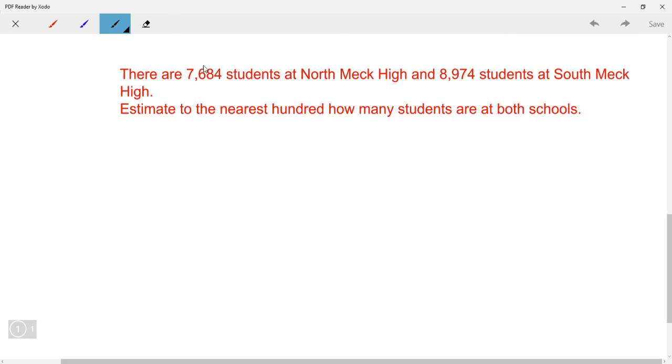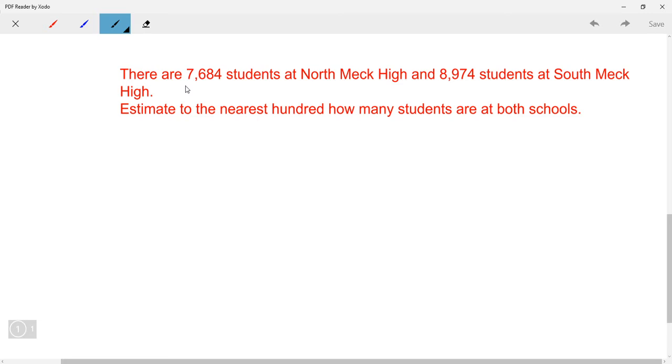Because if you do the math to get the exact answer, there's no reason to estimate, right? If you have the exact answer, that's going to be better than having the estimate. So the whole point of estimating is being able to find the answer quicker.